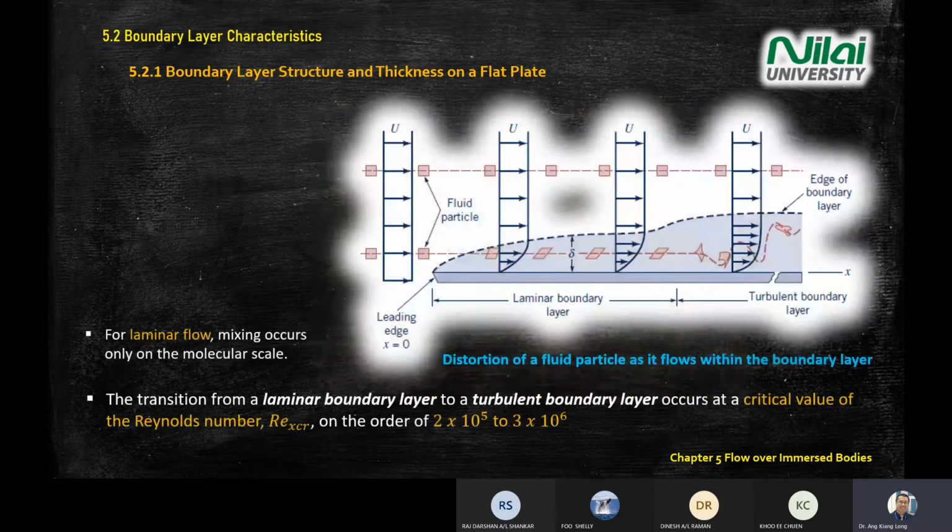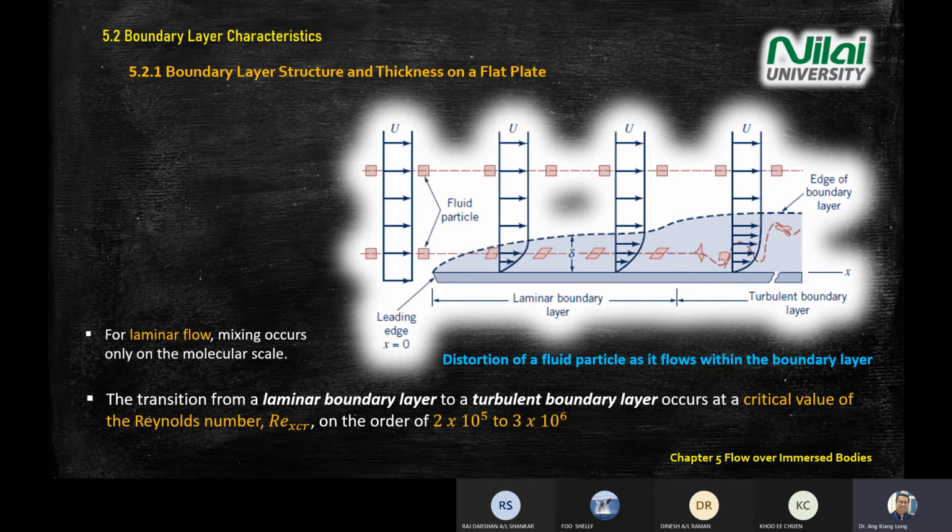Okay, another one, when you study flow over immersed body, you will come across this diagram. Now let me explain about this diagram. So you have a plate here, and as you have a flow along the surfaces, the object will build a region called boundary layer.